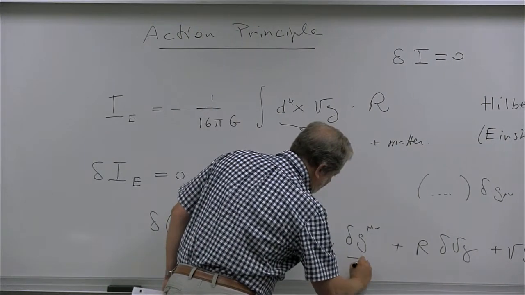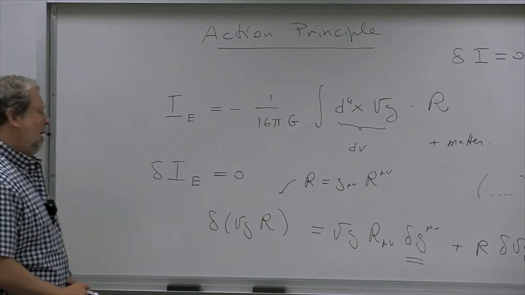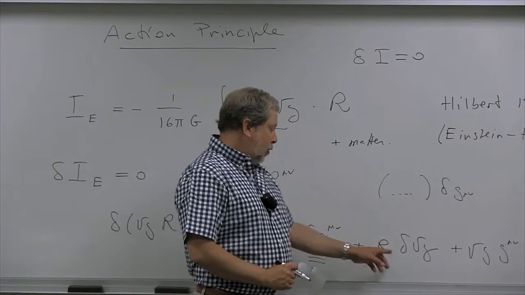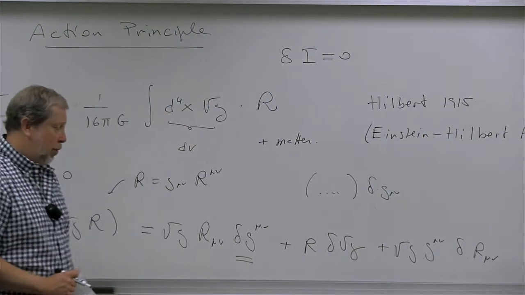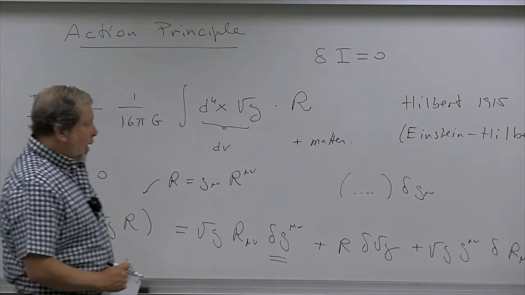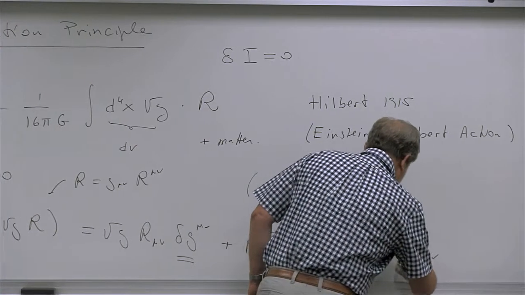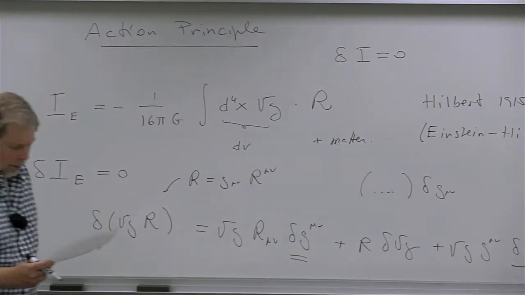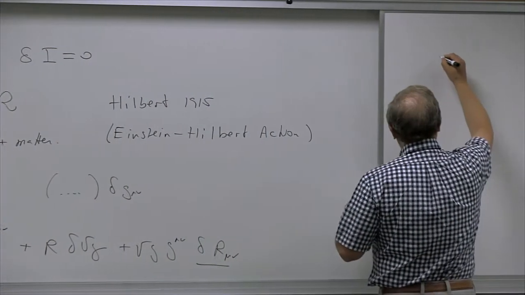And so this term has already the delta g^{mu nu} explicitly, and so we don't need to do any work on that. This one, the variation of the volume element, has to be written in terms of variation of the g^{mu nu}, which is fairly easy to do. And the real messy term is the third one, right? The variation of R_{mu nu}, because we have to look up what the definition is of the Ricci tensor and see what we get.